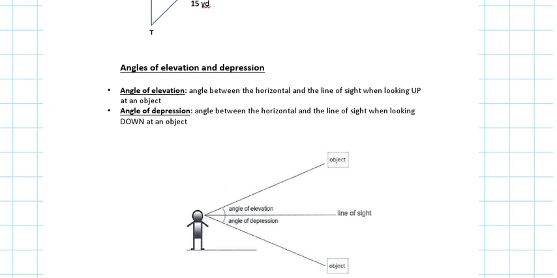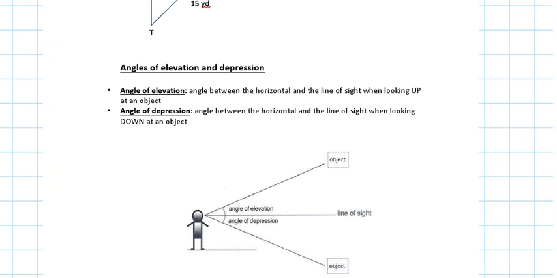It's an imaginary line that you can draw. Okay? So let's say I'm standing right here and I'm looking at the clock. And if I say I'm looking at the clock at an angle of elevation of 20 degrees, right? That angle of elevation is measured from a horizontal line coming out of my eyes, okay?